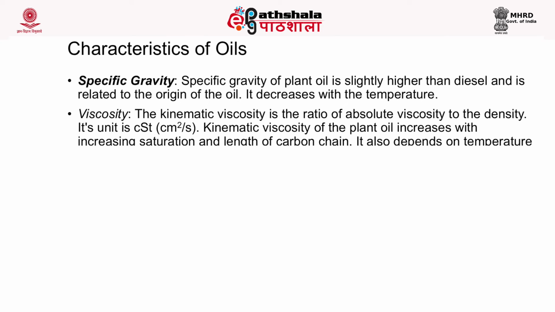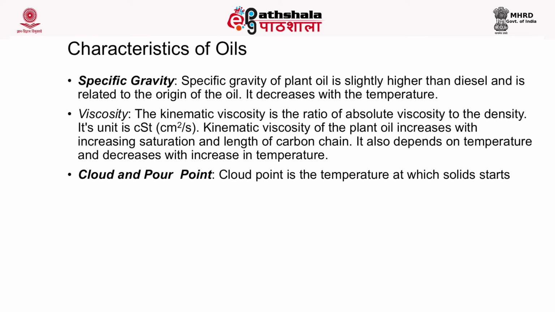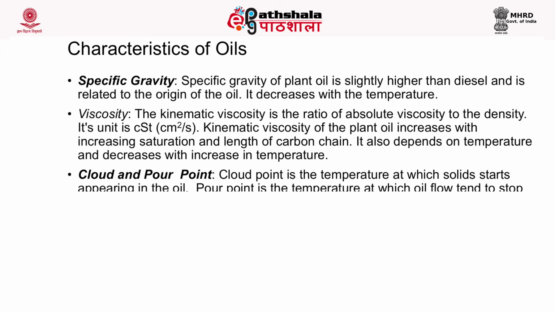Its unit is centistoke, which is centimeter square per second, and kinematic viscosity of the plant oil increases with increasing saturation and length of carbon chain. It also depends upon temperature and decreases with increase in temperature.